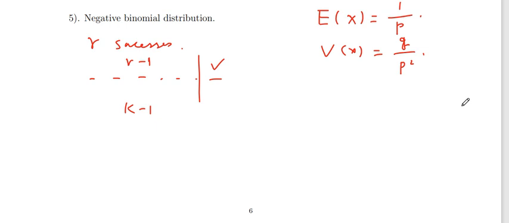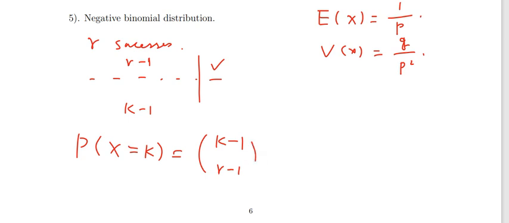Okay, so the formula: we need k trials, so we just pick r minus 1 from k minus 1. So p happens r minus 1 times, and then the last one is also p, then q happens the remaining times, so k minus r, right?